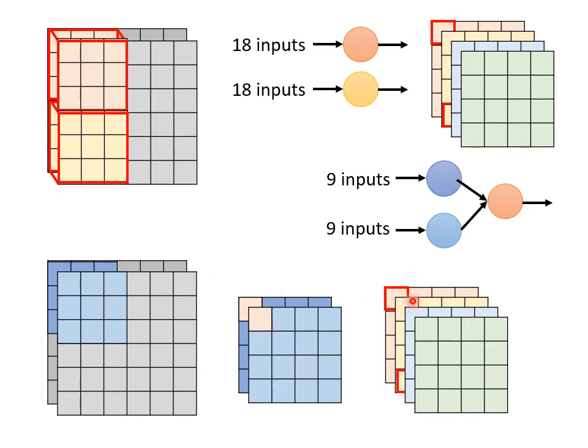If we look at the value in the lower left corner of the yellow feature map, where did it come from? It came from these two values in the lower left corner of depthwise convolution's output. And the two values in the lower left corner come from the 18 values in the lower left corner of the input feature maps.